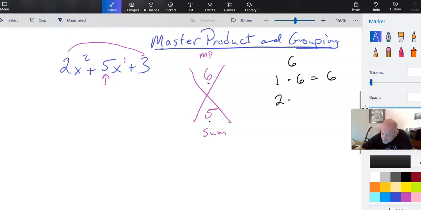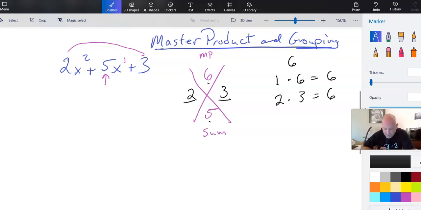Then 2 times 3 is equal to 6, and 2 plus 3 is 5. So that's what we want here. We want the numbers that multiply to give us the top number and add to give us the bottom number. Once we find those, we're not done.